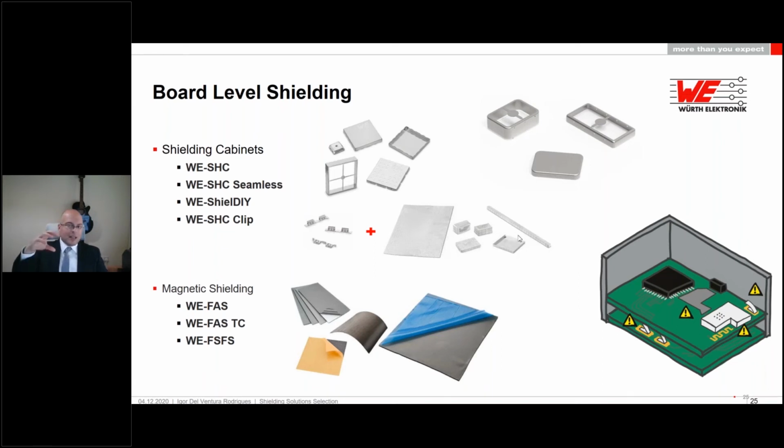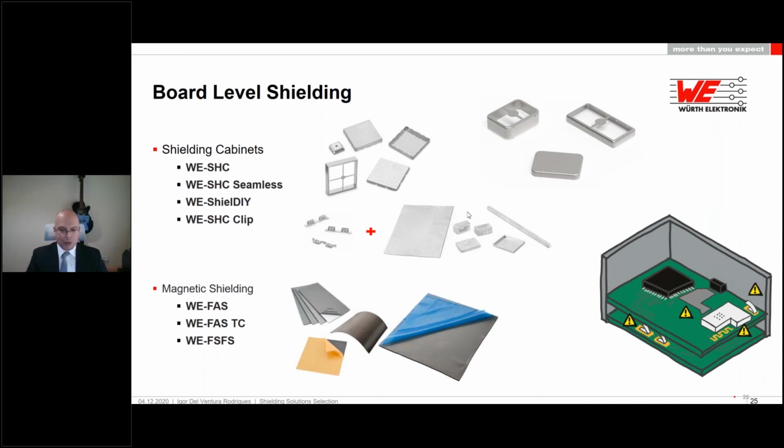And then you can place it quickly on your prototype PCB and without too much effort by combining it with these shielding cabinet clips, WSHC clip, which you can hand solder on your PCB. So you will have your prototype done quite quickly when it comes to shielding cabinets. And then once you're happy with the solution, you just get in touch with us and we can do the custom shielding cabinet for you.